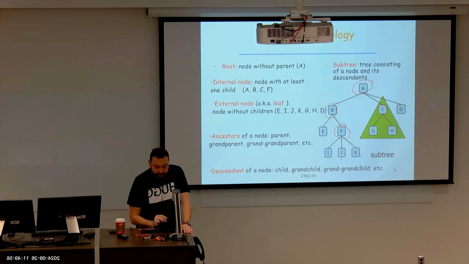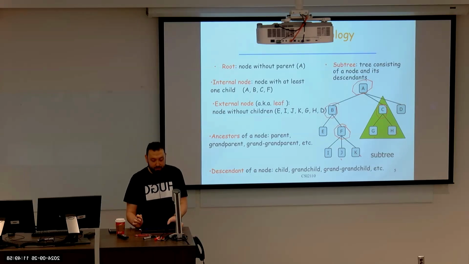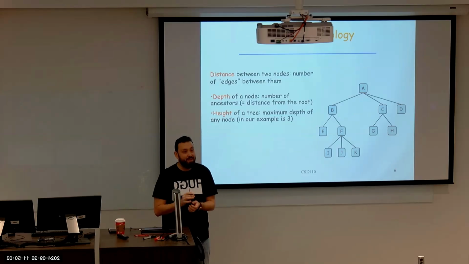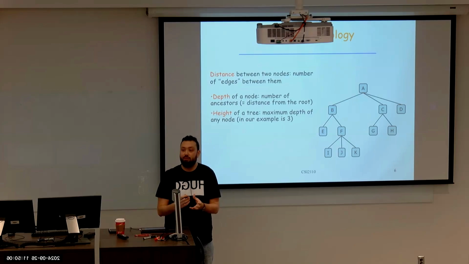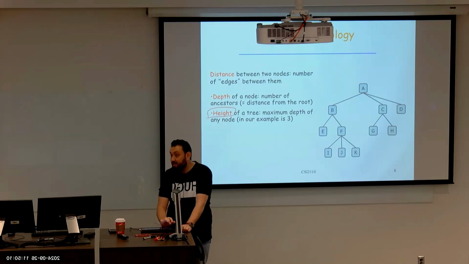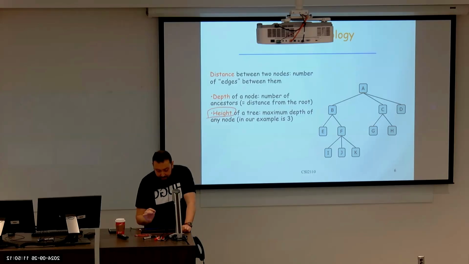Also, we'll have ancestors and descendants. All of this is very easy for you to follow. Now, what I want you to focus on, very important, whenever we want to figure out the distance of something, we're going to work on the height. Height is something very important. If I ask you, what is the height of this tree? It's going to be 3.